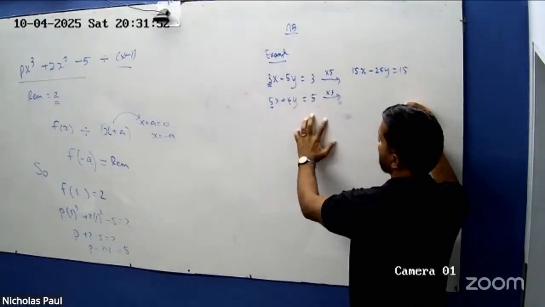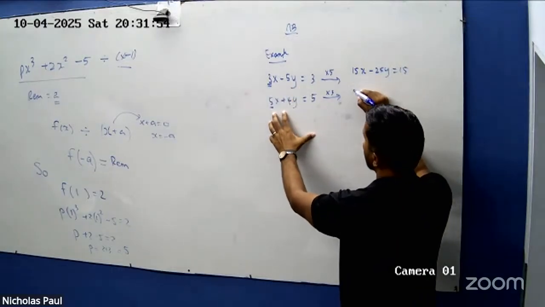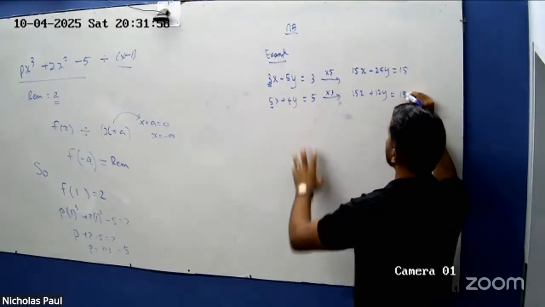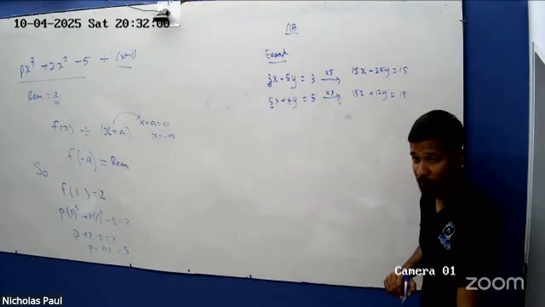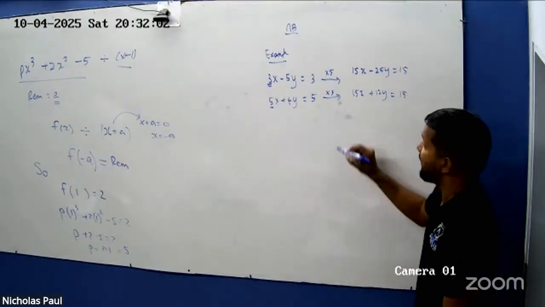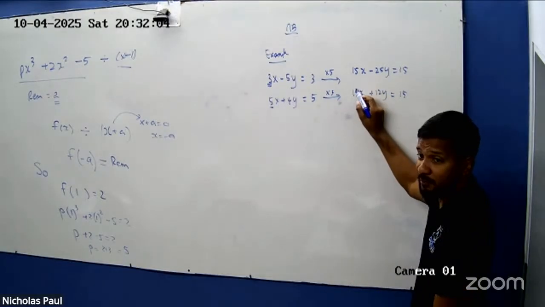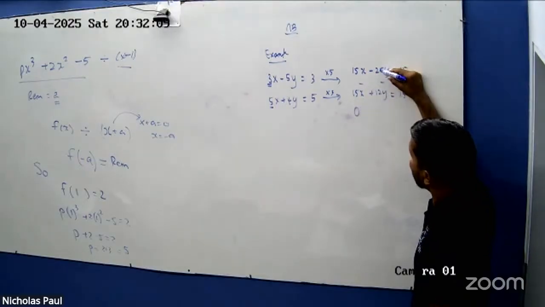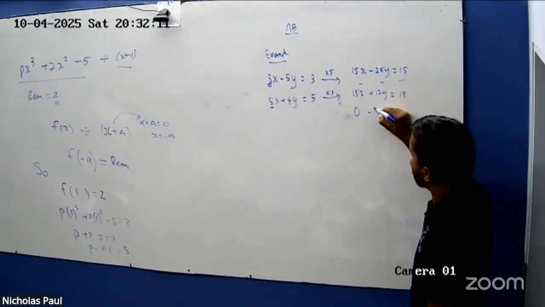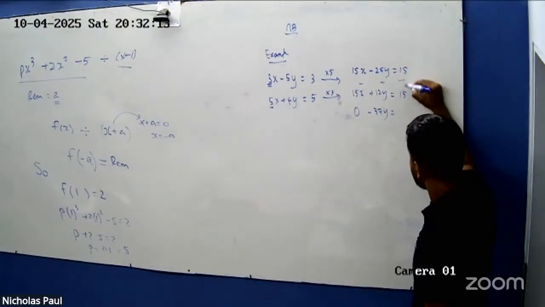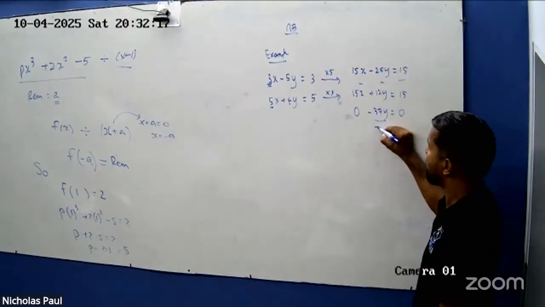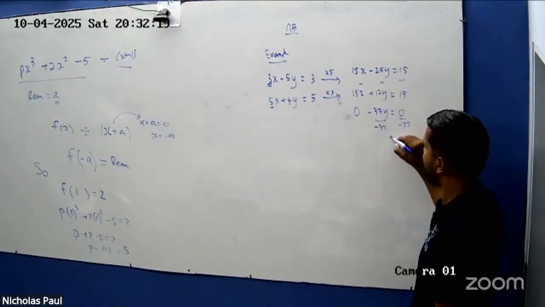Multiplying all by 3, you'll end up with 15x plus 12y is equal to 15. And then the x terms are the same, so we subtract. Minus 25 minus 12 is minus 37 y. 15 minus 15 is 0. When I divide both sides by minus 37, I get y is 0.